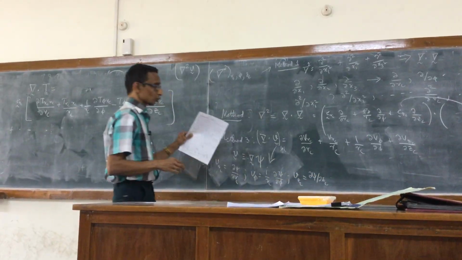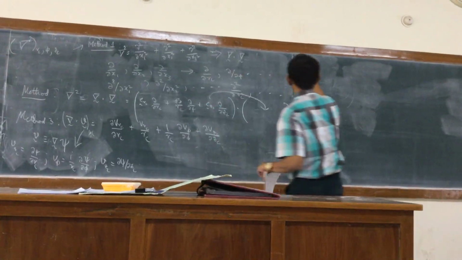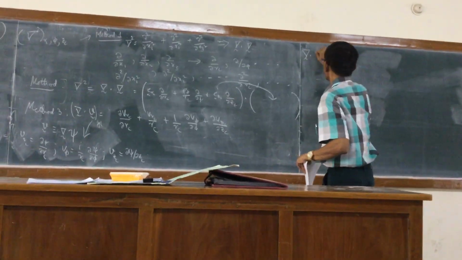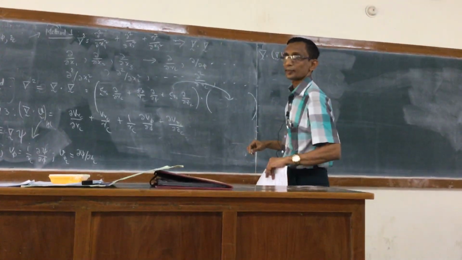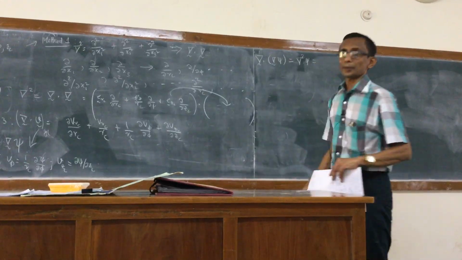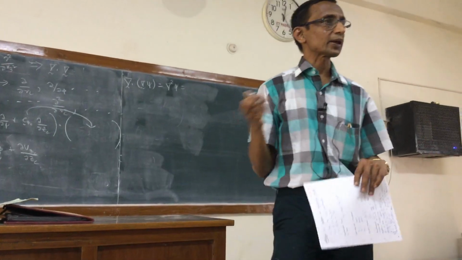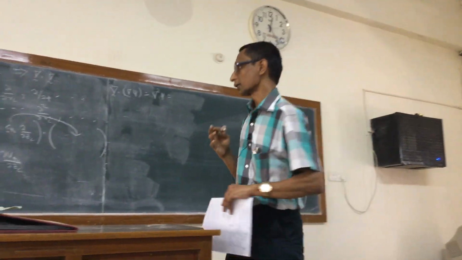If I now substitute this into this equation, I am going to get the divergence of the gradient of a scalar, which is nothing but the Laplacian of the scalar. So from that I will identify the Laplacian operator, right?